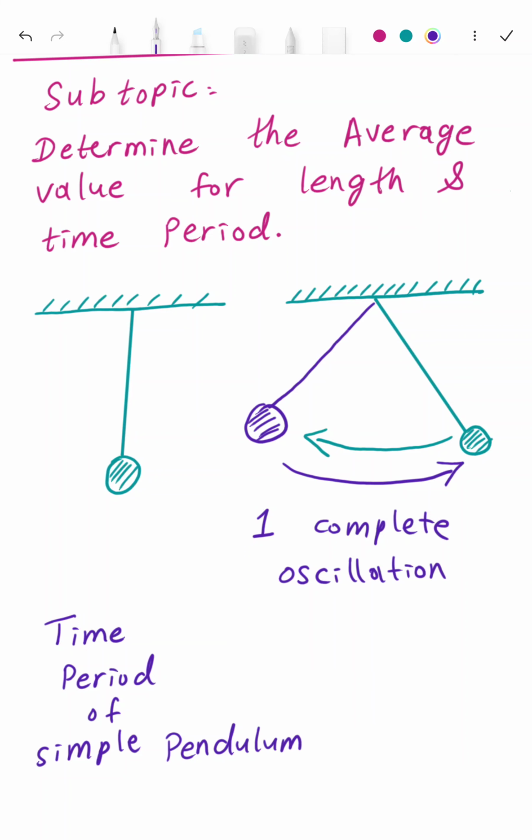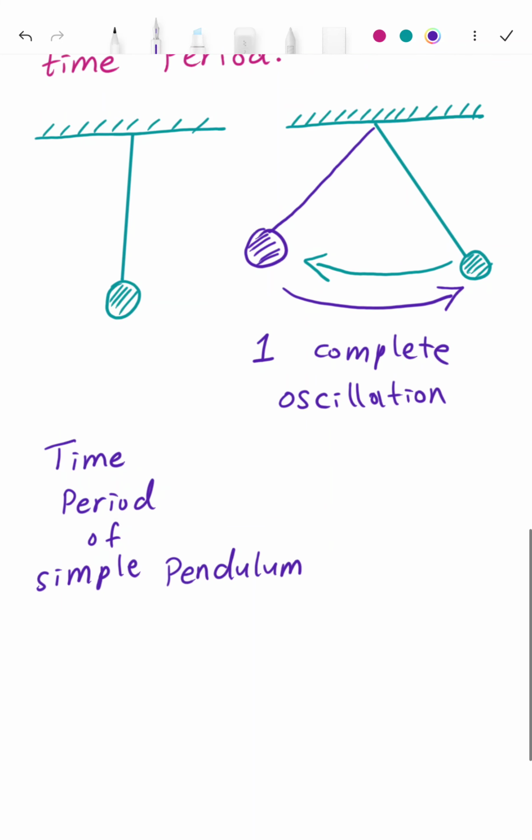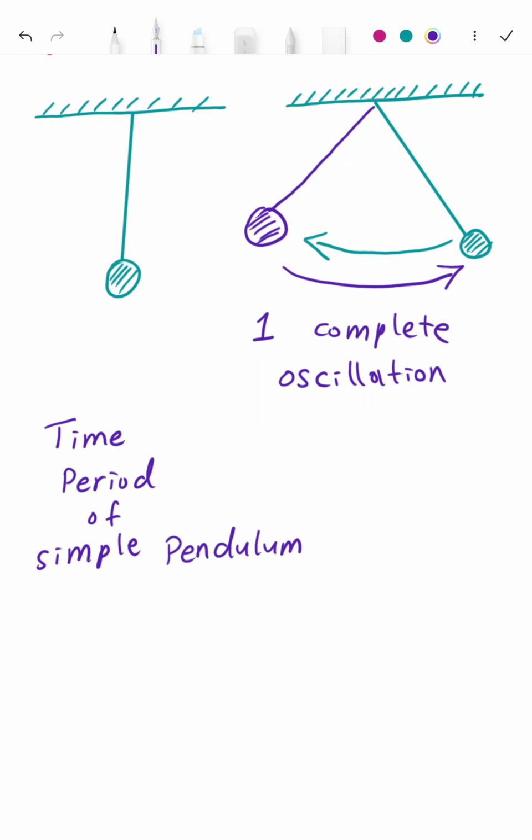Now let us suppose we are asked to find the time period of a simple pendulum and we are doing this experiment. Of course, measuring the time of one complete oscillation is not going to give us a very accurate value, because whenever we measure time using a stopwatch there are chances of error.